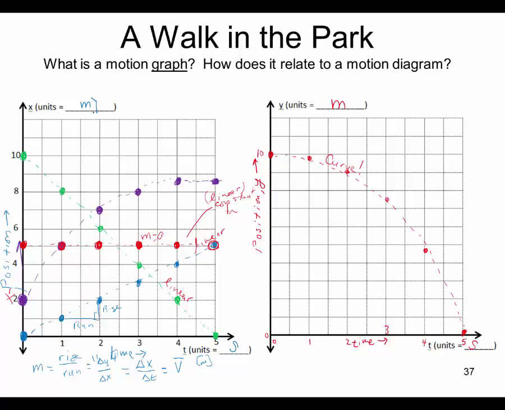And the units for our horizontal axis are in seconds. We're doing a little bit of dimensional analysis using this graph, and we can see that our units are in meters per second, which sure enough, those are velocity units.